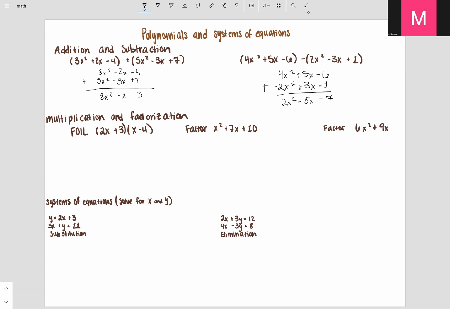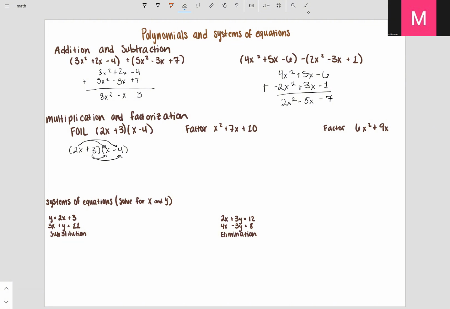Next, if we want to FOIL it out, as in multiply these two polynomials, we first write out our equation, 2x plus 3, x minus 4. So FOIL stands for first, outer, inner, last.